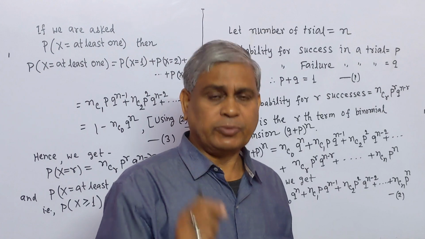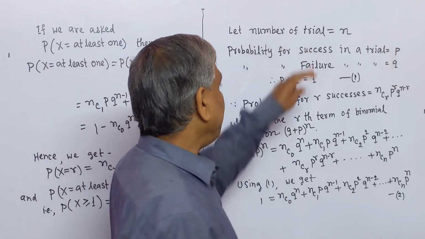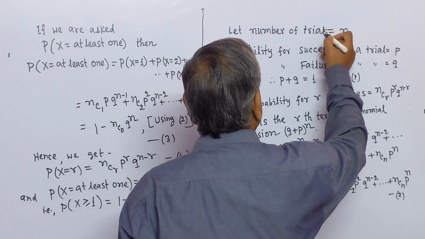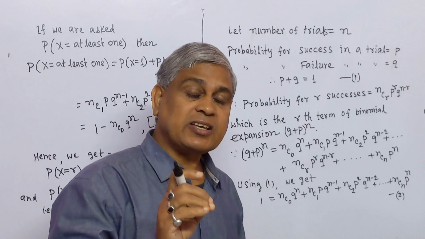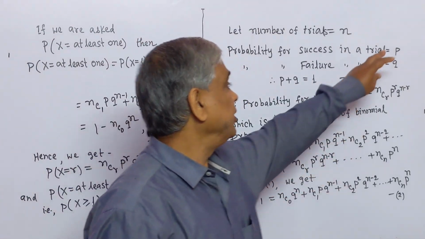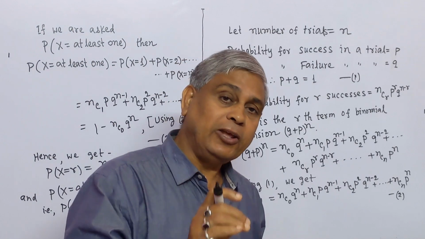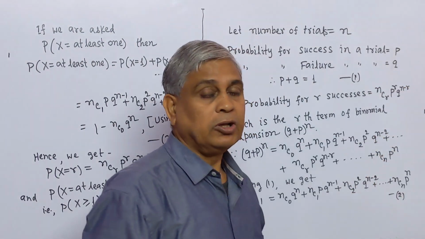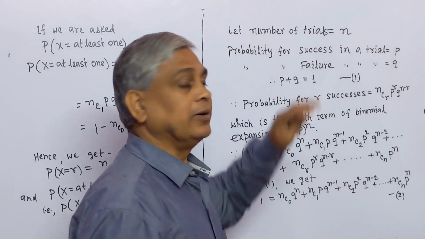As we have number of trials equal to n, let probability for success in a trial equal to p and probability for failure equal to q. Therefore, p plus q equal to 1.